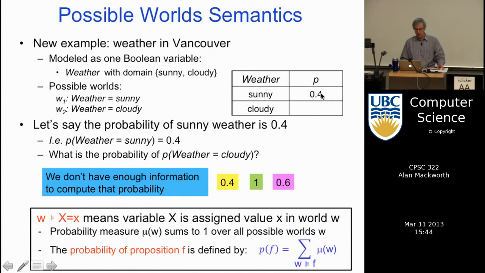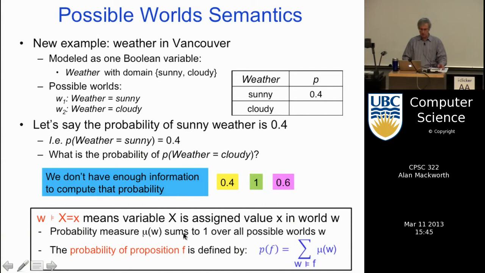I'll put the measure for this sunny world here. I just write the probability of weather sunny is 0.4. What's the probability of weather equals cloudy? There are 4 possibilities. We don't have enough information. It could be 0.4, it could be 1, it could be 0.6. Of course, it's 0.6 because it's either sunny or cloudy, and just use intuition for this. So remember this definition and what it means for a proposition to be entailed in a world.